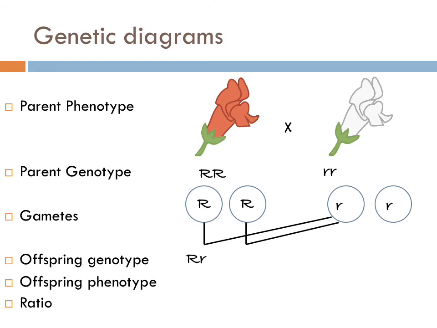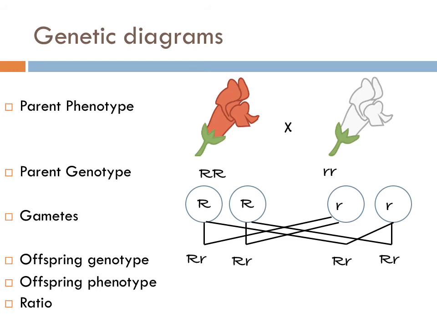It could also be this way: this capital R is going to fertilize that small r. Again, the genotype is capital R and small r. The same thing when these two meet and fertilize, the result will also be capital R and small r. All the offspring have the same exact genes.